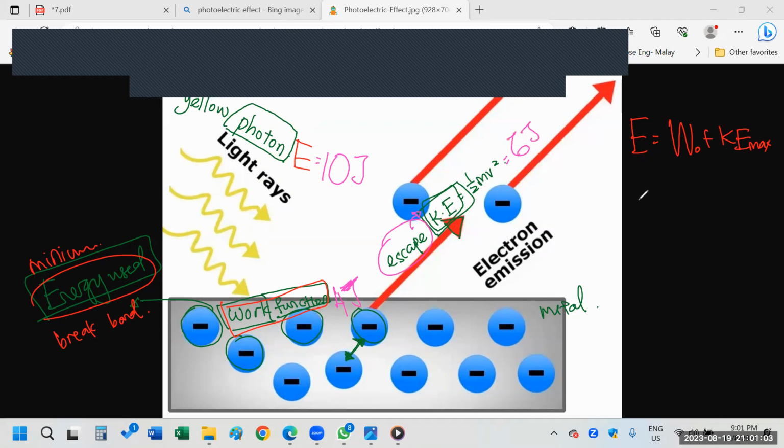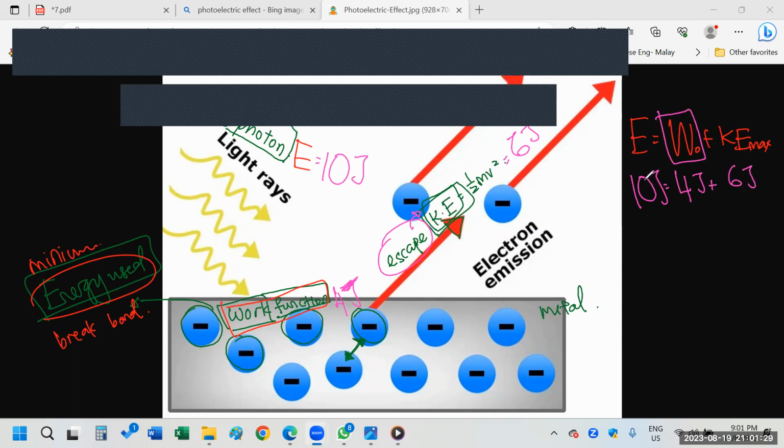So can you understand that? Photoelectric effect means 10 joules of photon energy, of which 4 joules is absorbed, which we call the work function, plus 6 joules of maximum kinetic energy.